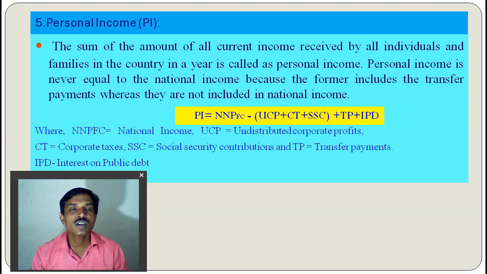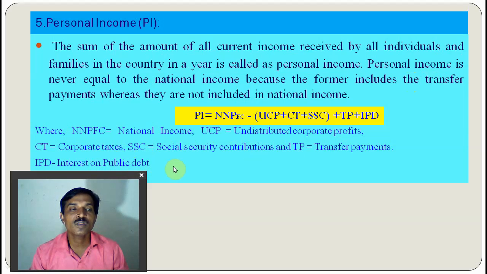The full form: national income at factor cost minus the undistributed corporate profit, UCP, plus CT, the corporate taxes, plus social security contributions, like the PF amount and the LIC amount, plus the transfer payment, when the person does not participate in the production line but gets ready-made income like scholarship, pension, unemployment allowance, and plus the interest on public debt.